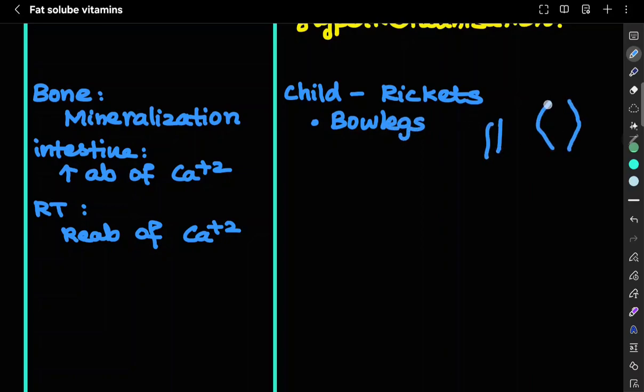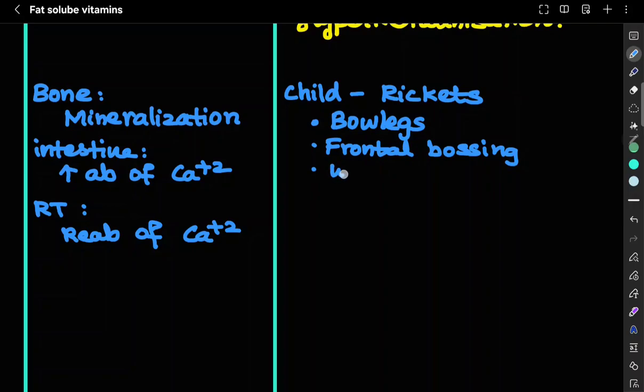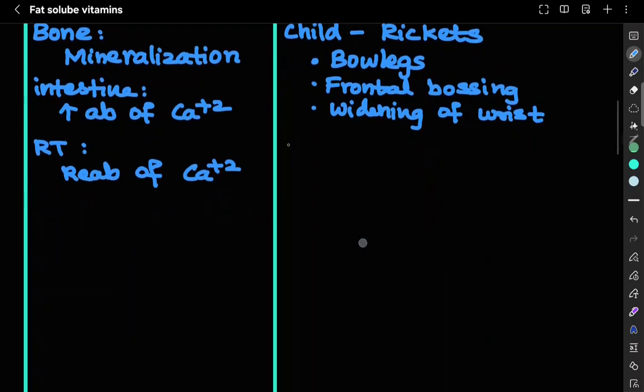They are not straight, they become bow shaped. So bowing of legs. Frontal bossing. The forehead becomes widened, that is frontal bossing. Widening of wrist. These are all the features of rickets.